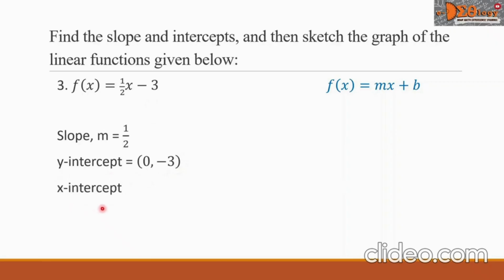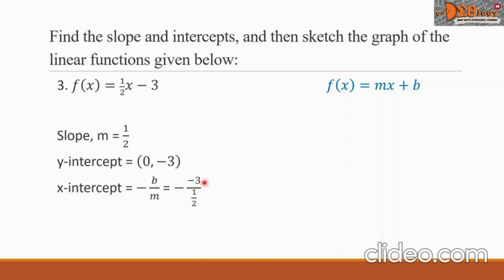What about the x-intercept? We will follow this formula, negative b over m. The b is this value negative 3, while the m is the 1/2. So we substitute it here. So we have negative of negative 3 all over 1/2. Let us simplify. Negative and negative becomes positive.